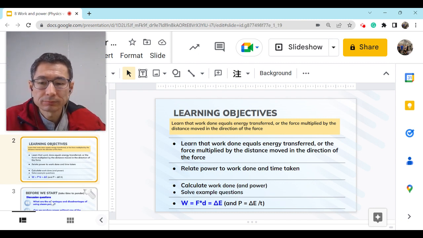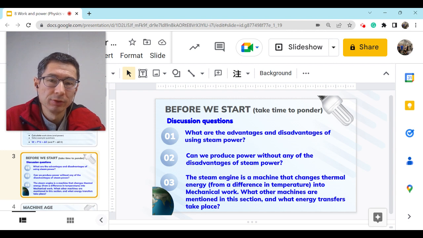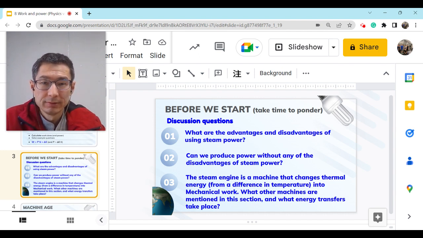Okay, so before we start, this is again a recap. Just take a few minutes to recall the previous chapters, like what are the advantages of using steam power. Here we want you to think about steam and power, how to generate steam and what the power is, as well as the advantages and disadvantages of steam power.